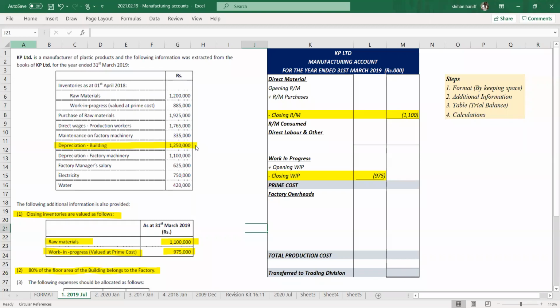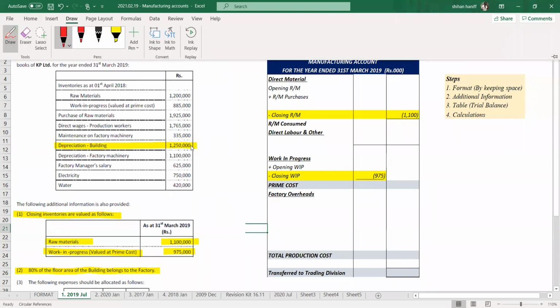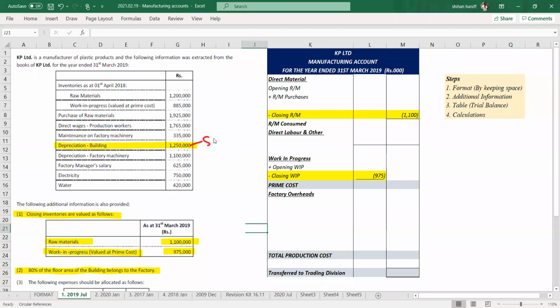Out of this 1250, only 80% belongs to the factory. That means the remaining 20% belongs to maybe office, administration expense.